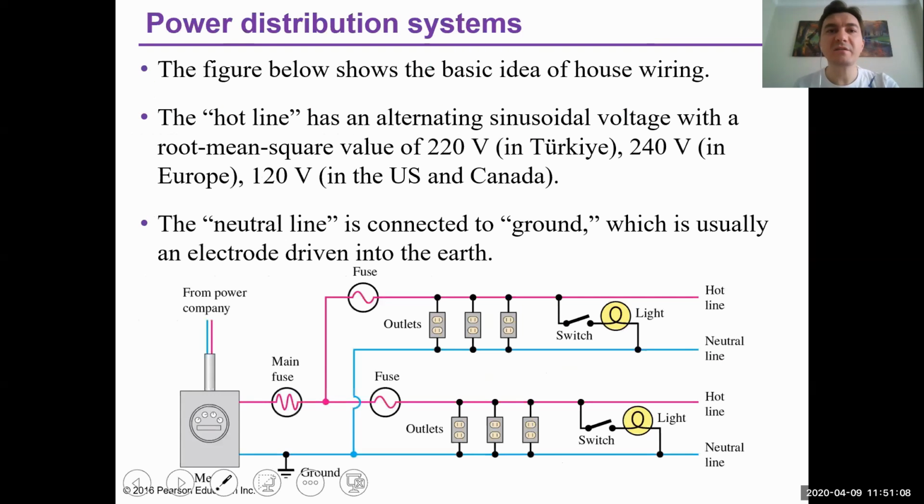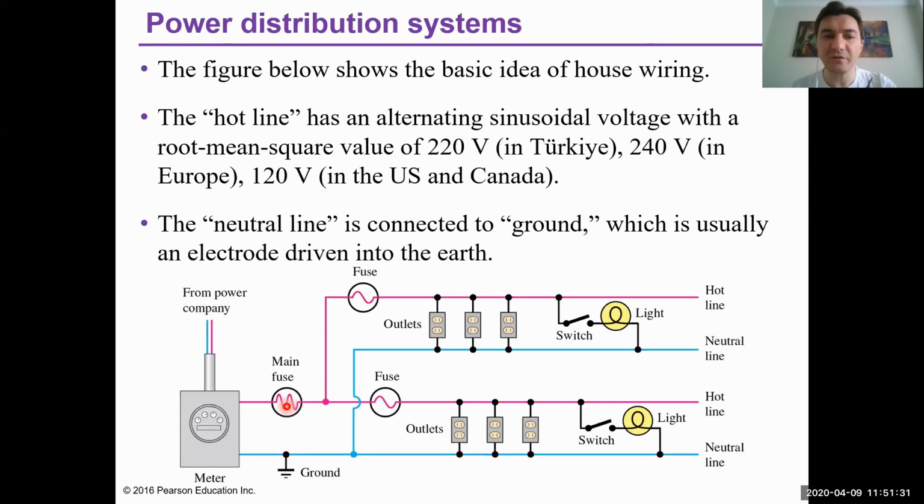So now let's continue with household electricity, power distribution systems. Here we have the basic idea of house wiring. Just consider your apartment, okay? So this is the power which is coming from the power company. This is the meter. I will show you the details.